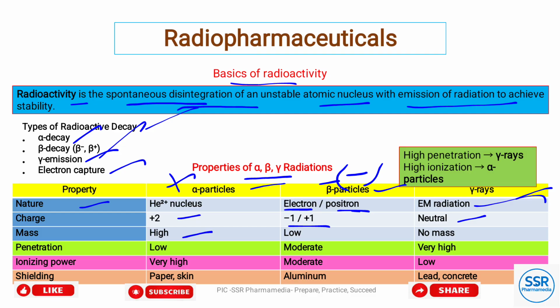Mass number is high for alpha, low for beta, and gamma has no mass.